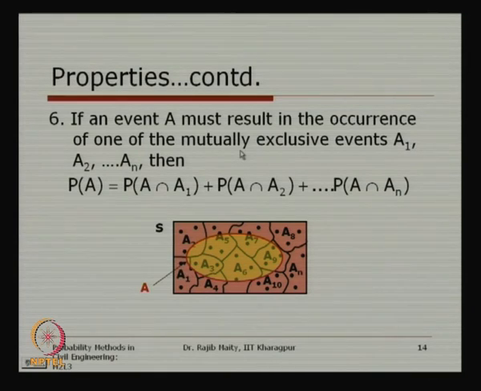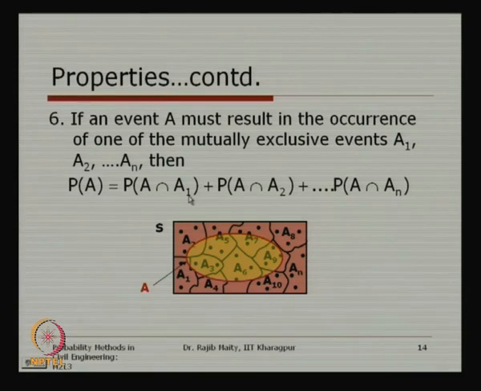Now, it is just the opposite sense of what we discussed in the fifth property. This says that if an event A must result in the occurrence of one of the mutually exclusive events A1, A2 up to AN, then the probability of A can be expressed through their individual intersections.